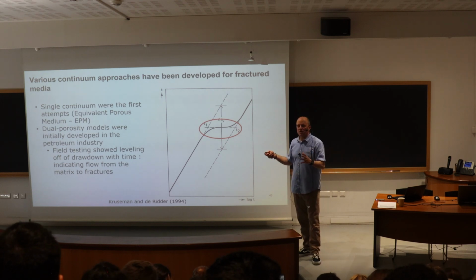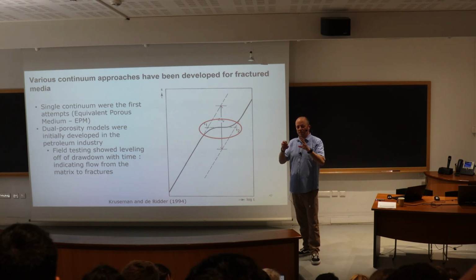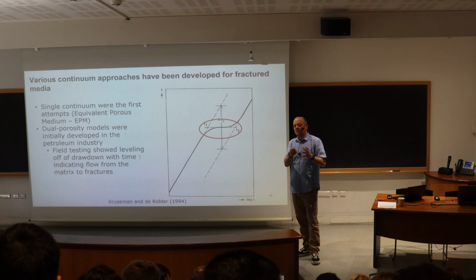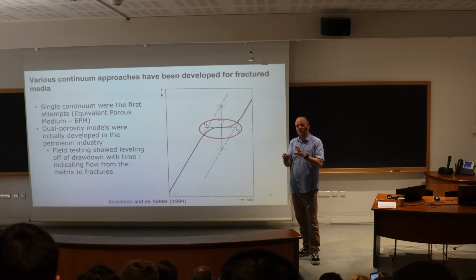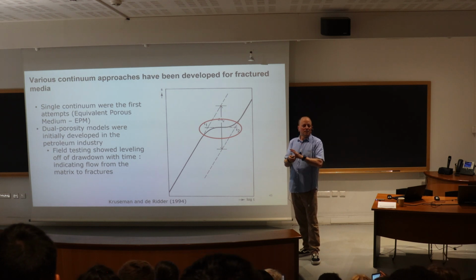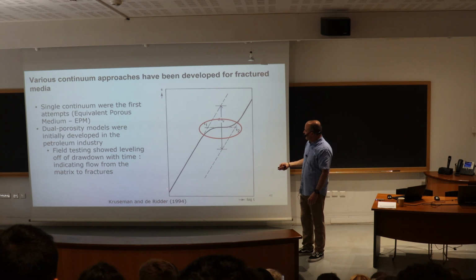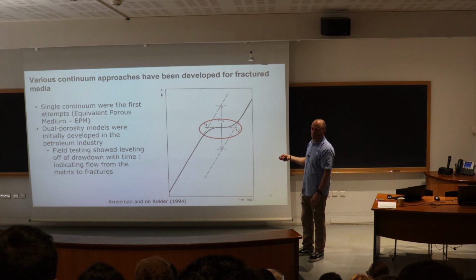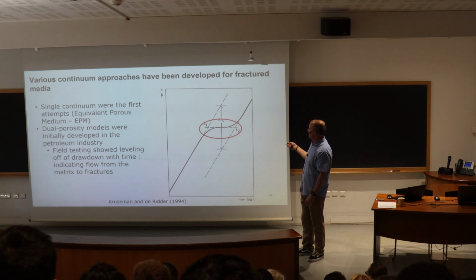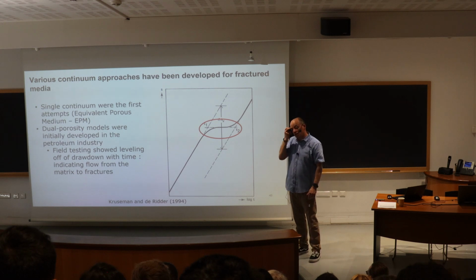This was in a fractured reservoir, basically fractures that are very conductive, but also a matrix that is of low permeability but contains some fluid. They got this type of response: a linear increase of the drawdown on the semi-log scale, then some leveling off, and another increase after sufficient time.